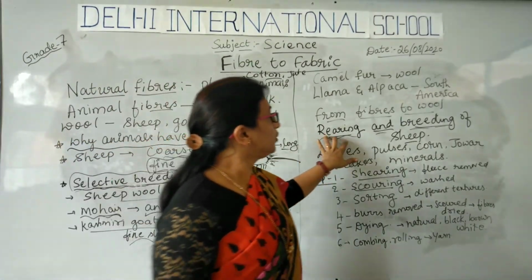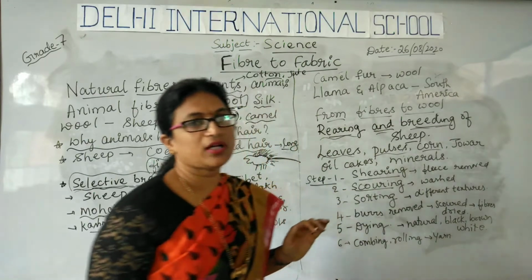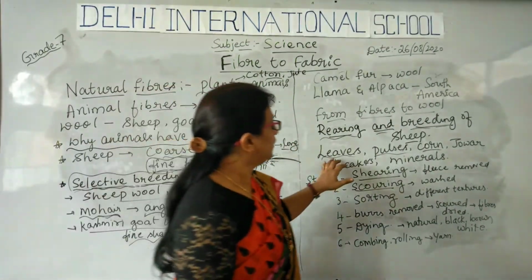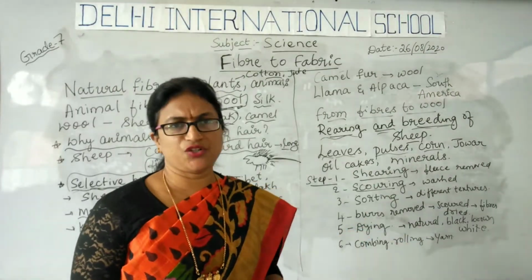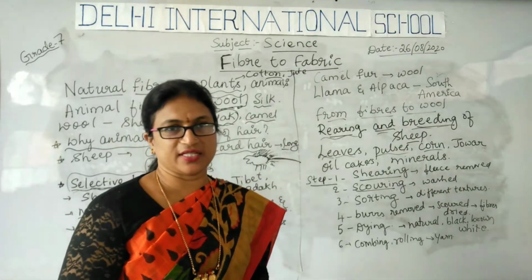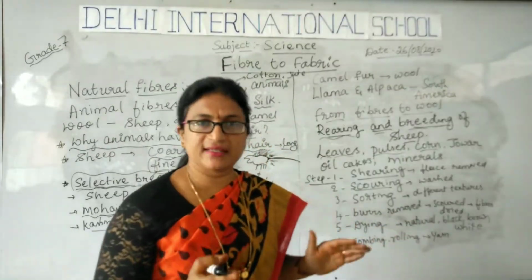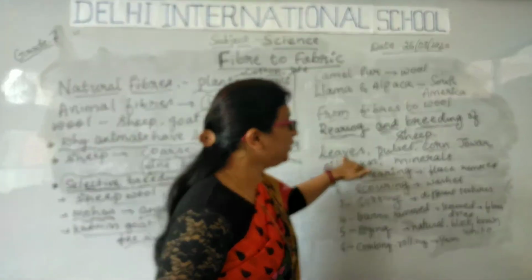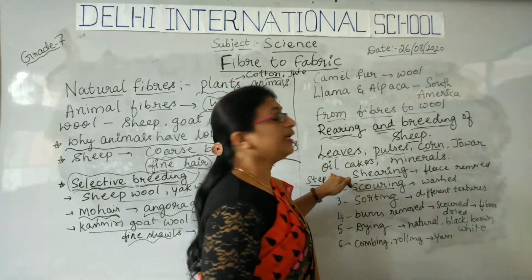What are all the items these animals are fed? The shepherds who rear these sheep have to create a good atmosphere, good shelter and good sheds for the animals, and they have to give good food like leaves, pulses, corn, jowar, oil cakes.